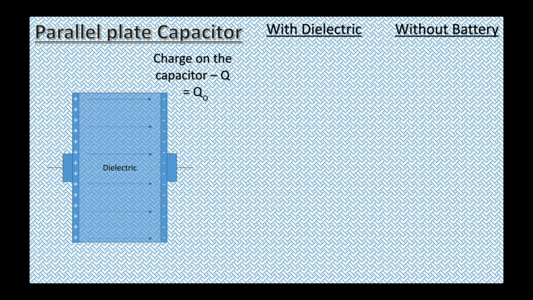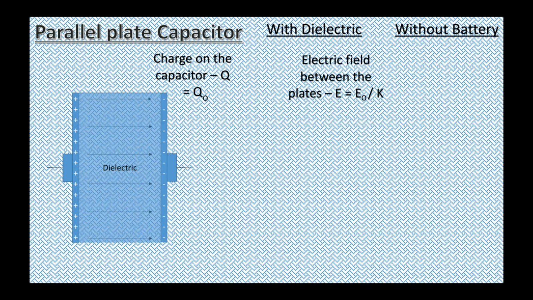Since the capacitor is not connected to any other source, whatever charge we had provided it, initially Q0, remains, because charge can neither be lost nor be gained. So the present charge, that is after inserting the dielectric, remains Q0. So charge hasn't changed even if we have inserted a dielectric.